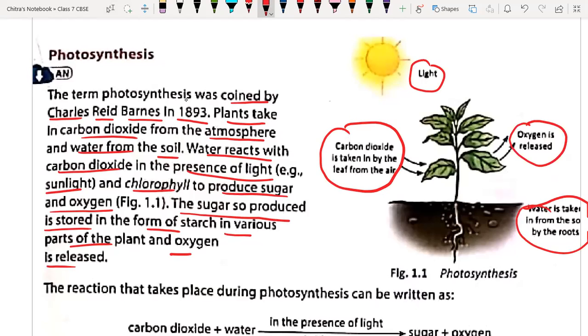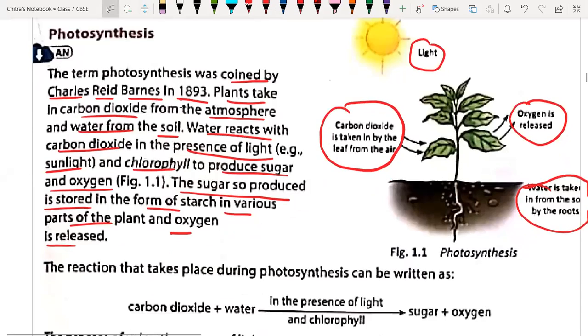This process is called photosynthesis. Understood everyone? Yes, sir. Okay.